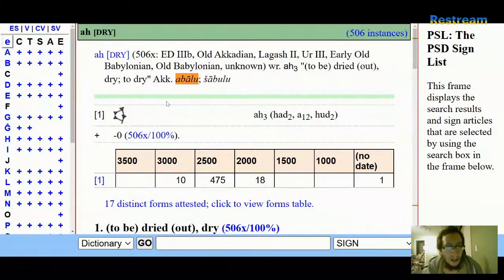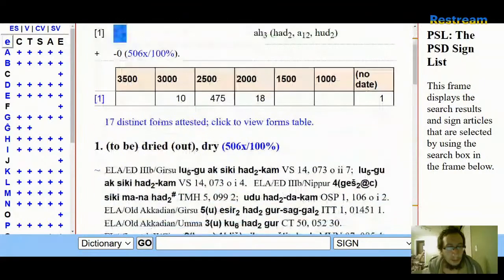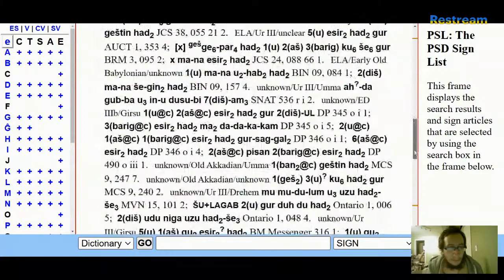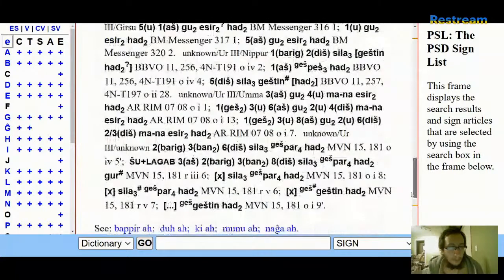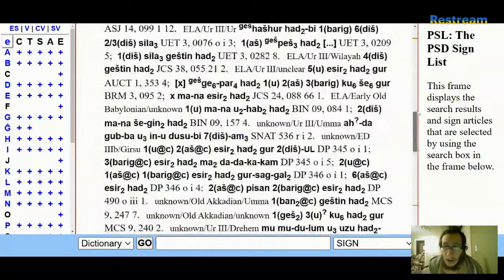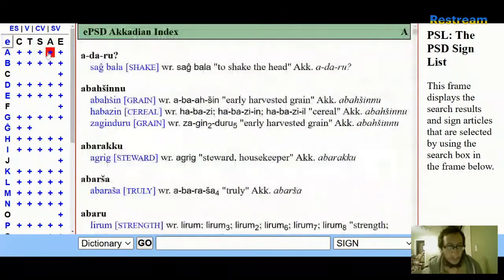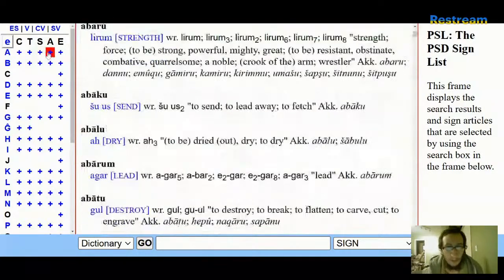So the word ah can also be abalu. And let's see, aber, no, abak. Okay, that we'll stop there.